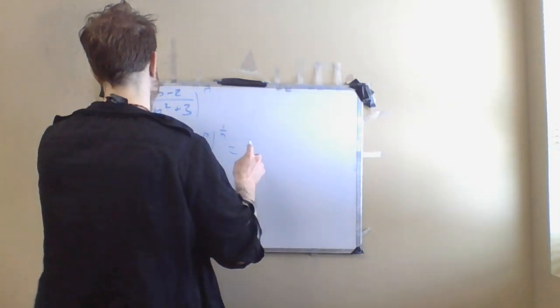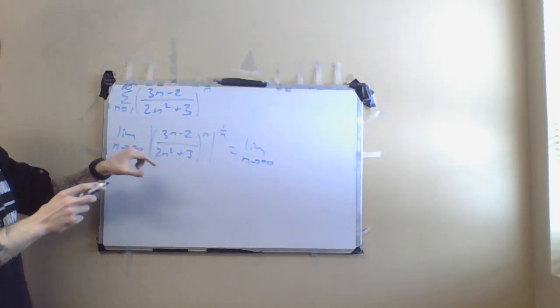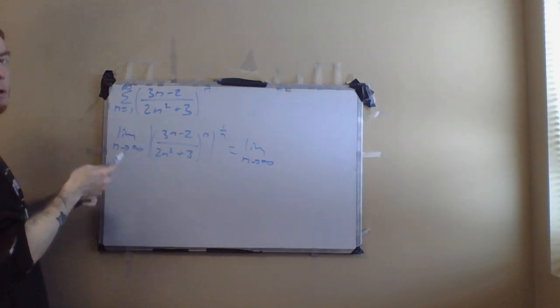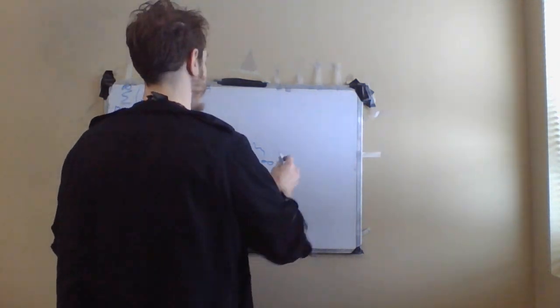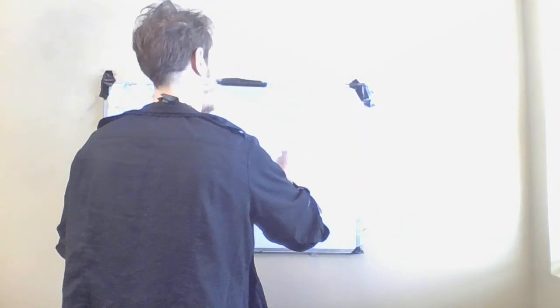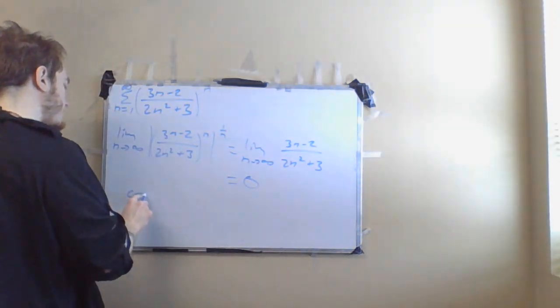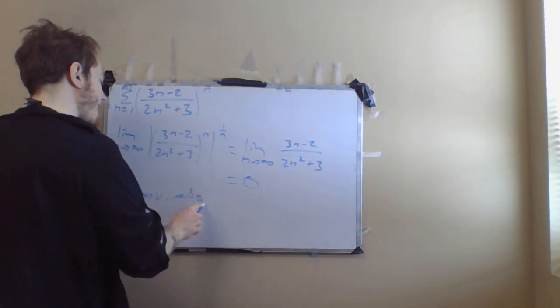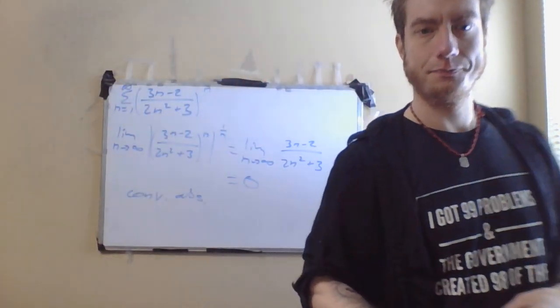Now in this case, I can get rid of the absolute value. There's no negatives to worry about. So I can just say this is the same as the limit as n goes to infinity of (3n minus 2) divided by (2n squared plus 3). Well, this is equal to 0. So in fact, our series is absolutely convergent.